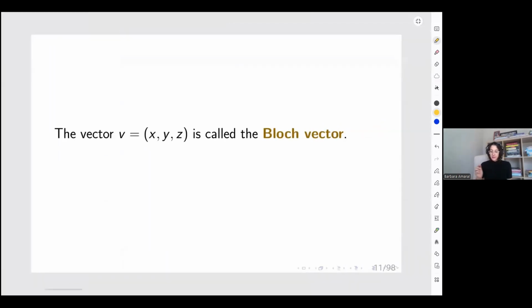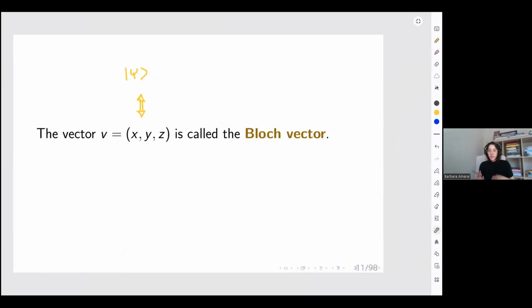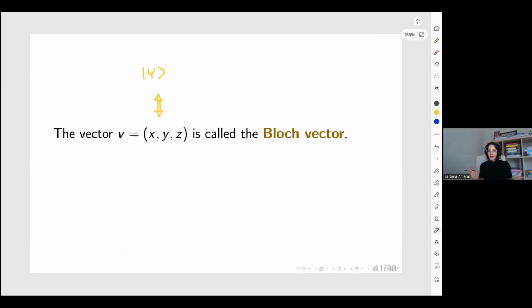So we are making a one-to-one correspondence between our state psi and this vector. It's called the Bloch vector. And sometimes we just use the Bloch vector to represent our state instead of using a vector in Hilbert space. We just use this point in the Bloch sphere.